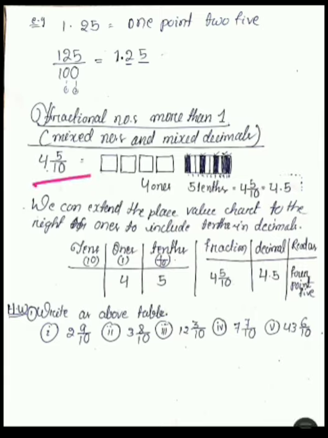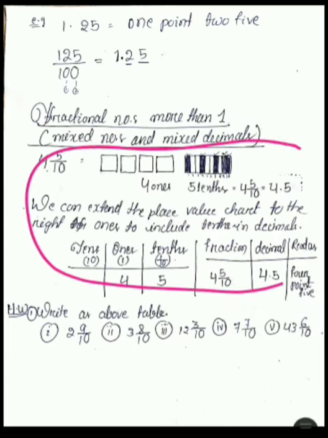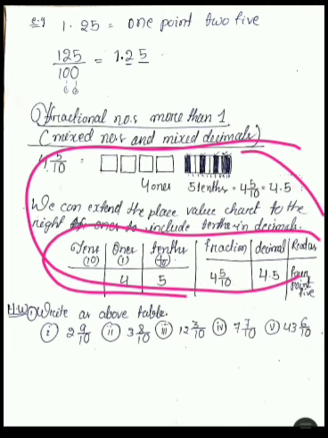Just place the numbers: 4 in ones, 5 in tenth. Okay, because 5 tenth is given. Now what is the fraction? 4 whole 5 by 10, and the decimal is 4.5, and you have to read it as 4.5. Okay.